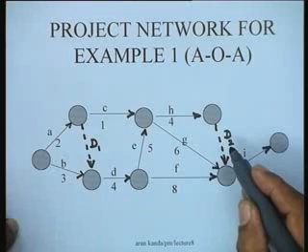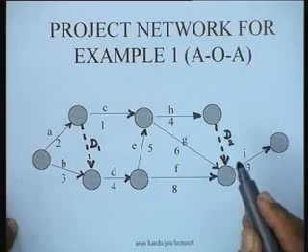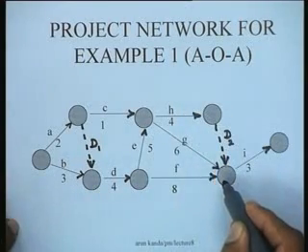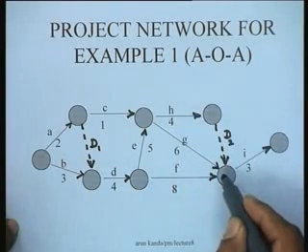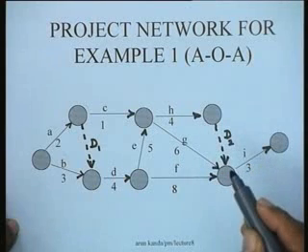It is not a logical dummy, but a dummy which is necessitated by the fact that activities G and H are in parallel, and therefore for uniqueness of activity representation I have had to introduce this particular dummy D2.